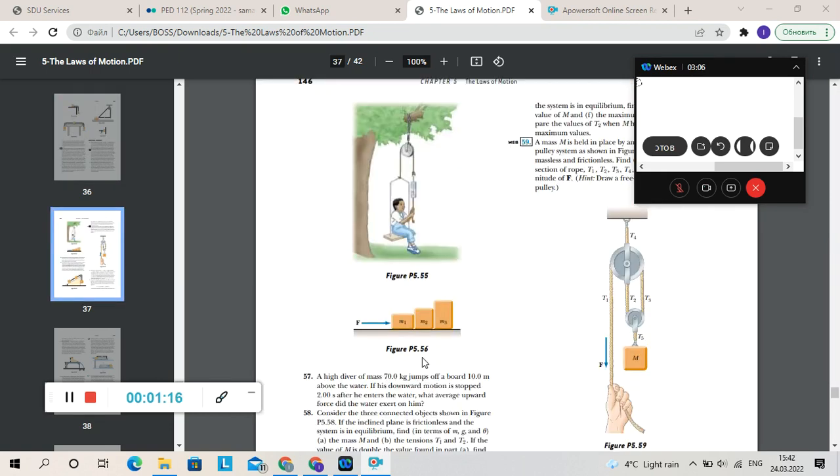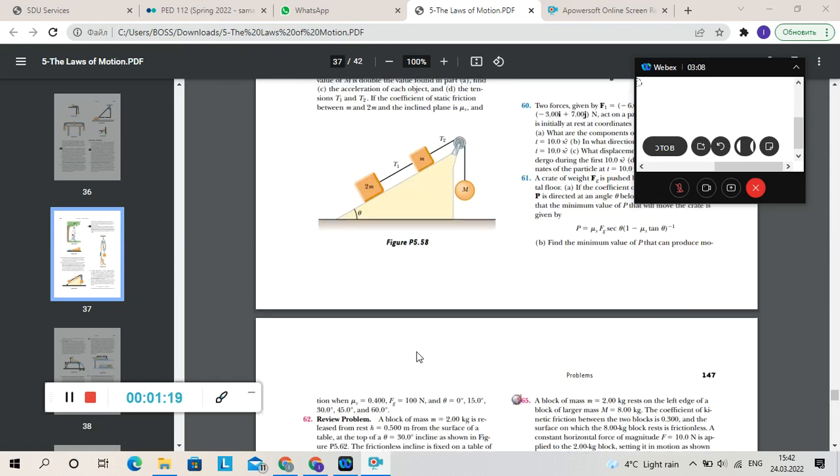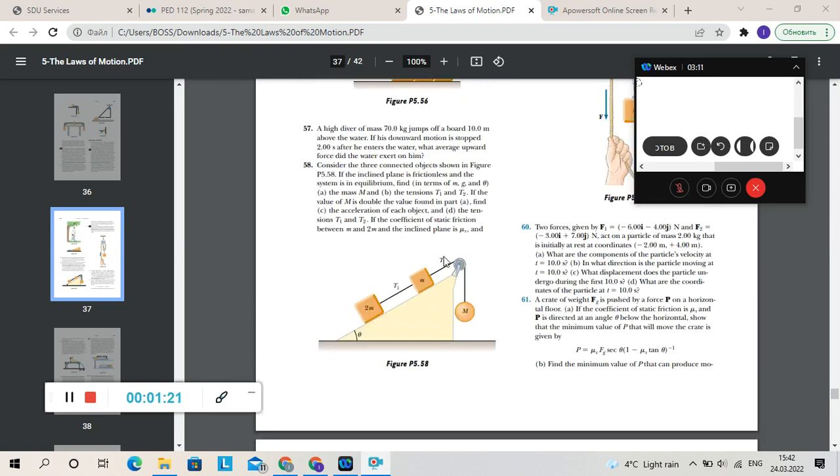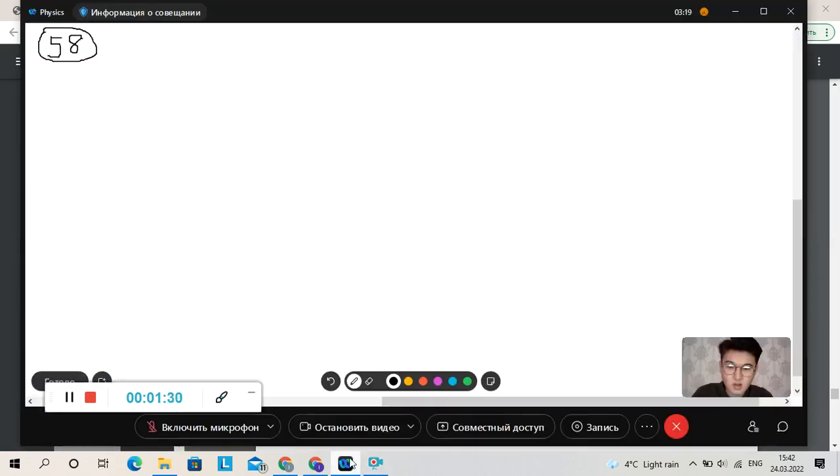Okay, this is our picture. We have the big M like a sphere, and M1 and M2 like this.